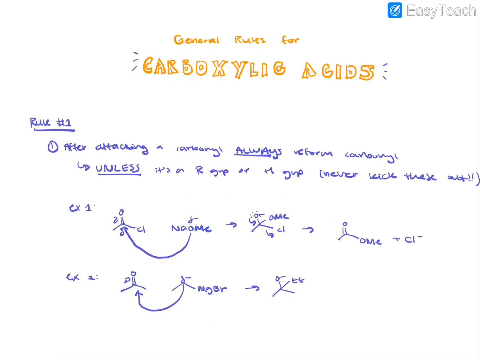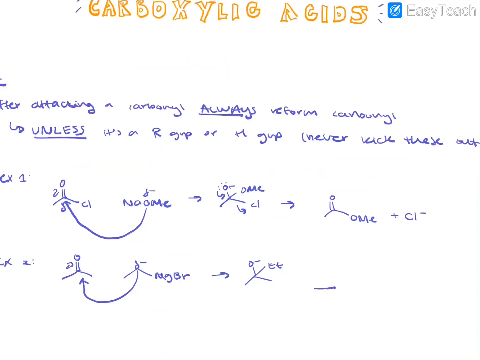So what we're going to do is we're just going to add on an H3O+. So this O is going to come grab a hydrogen, and our final end result is that.